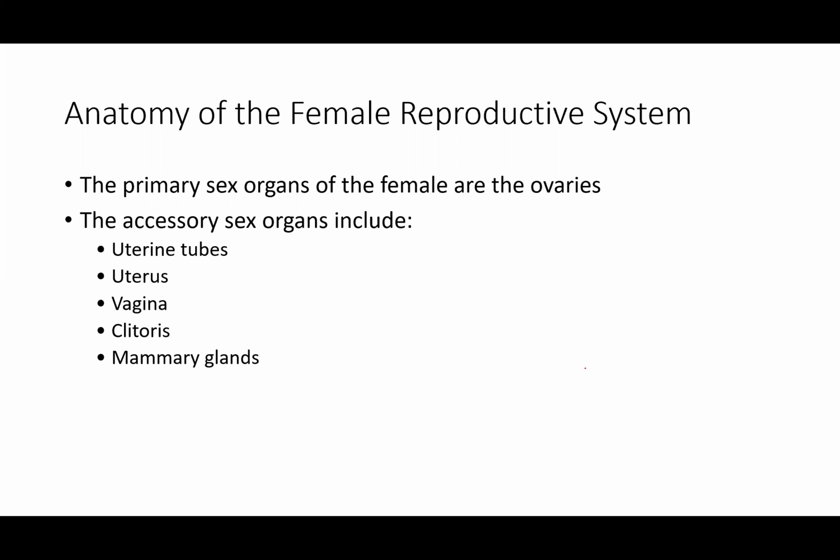Okay, so the primary sex organs in the female are the ovaries. The accessories would be the uterine tubes, the uterus, vagina, clitoris, and mammary glands.